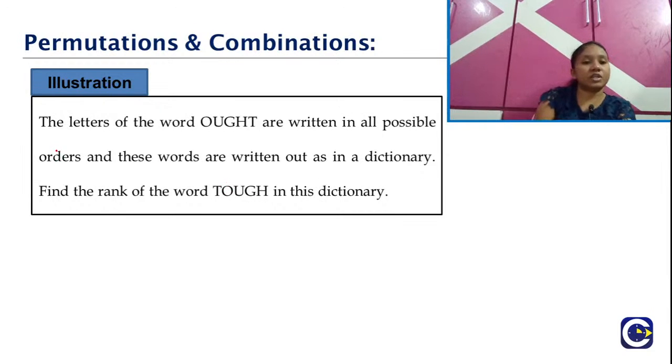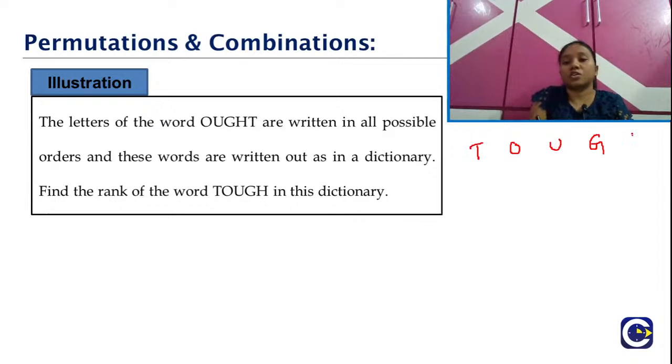So here comes the next question. The letters of the word ought are written in all possible orders, and these words are written out as in a dictionary. Find the rank of the word tough in the dictionary, which means here we have to find the rank of the word tough. You can give it a try using the shortcut method, and then I'll explain another method apart from the shortcut. Can you guys take your time and give it a try using the shortcut method and find the rank of the word tough, and then I'll explain the second method.